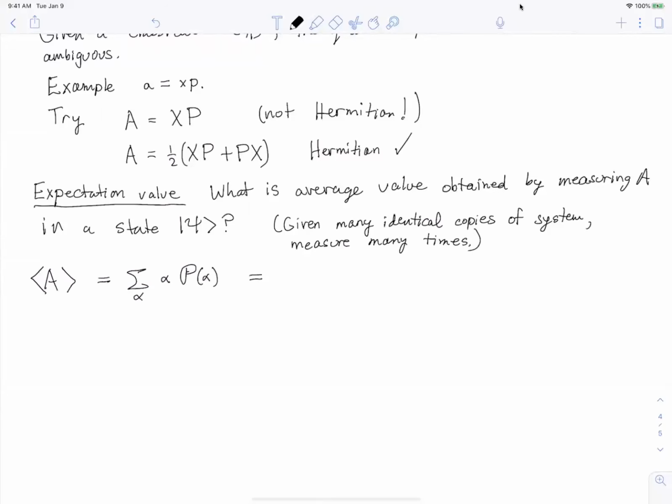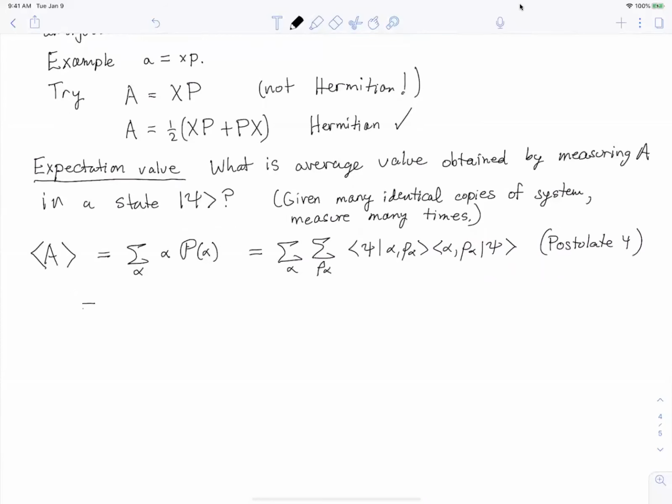And now postulate 4 tells us what that is. It's the sum over alpha, sum over the degeneracy index rho of alpha, of alpha times the inner product of psi with the ket alpha rho alpha, times the bra alpha rho alpha with psi. That's postulate 4 in action.